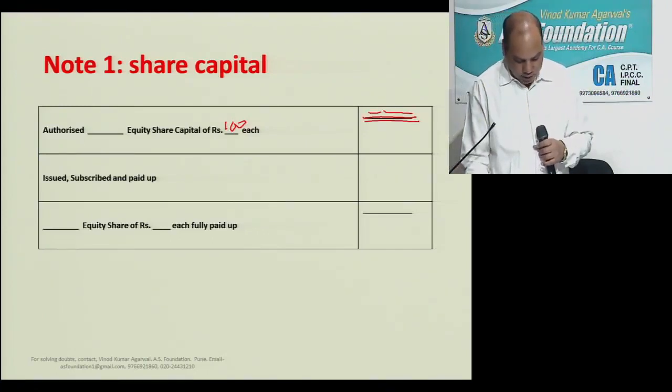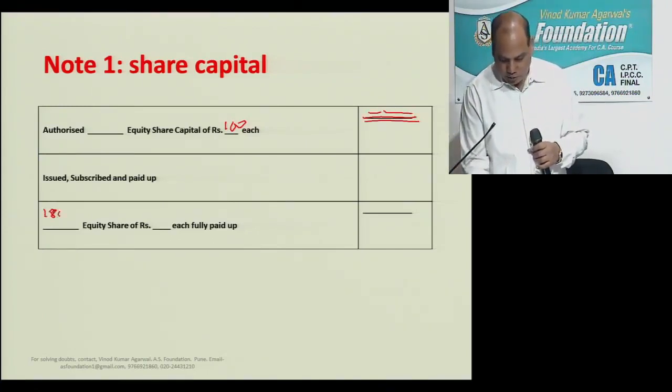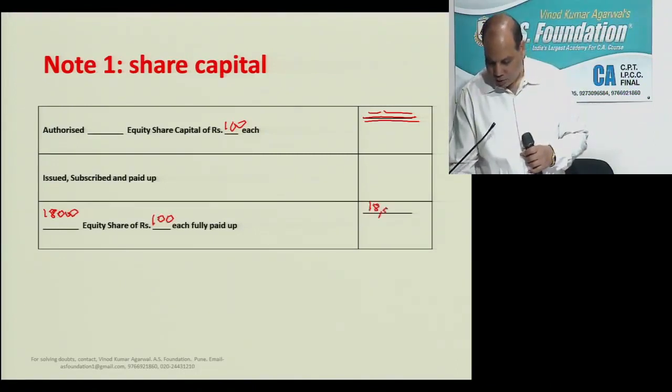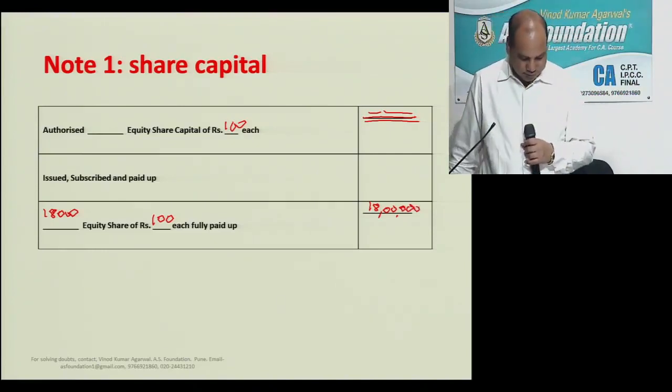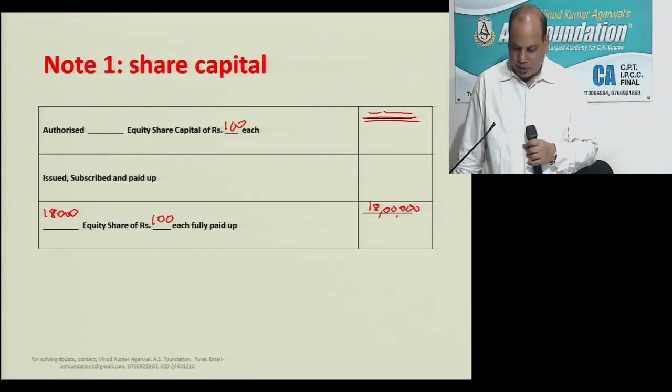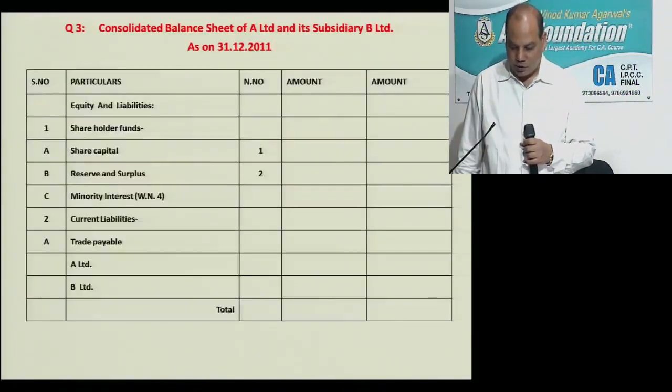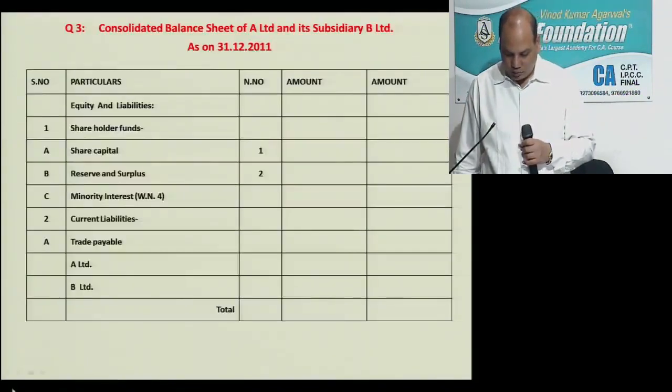How many shares are there? 18,000 equity share of rupees 100 each, fully paid, 18 lakh. And then we will go to balance sheet, liability side, share capital. In the first column, write down quickly, be active, 18 lakh.